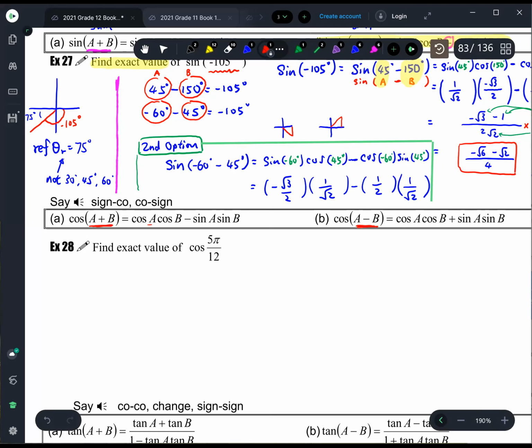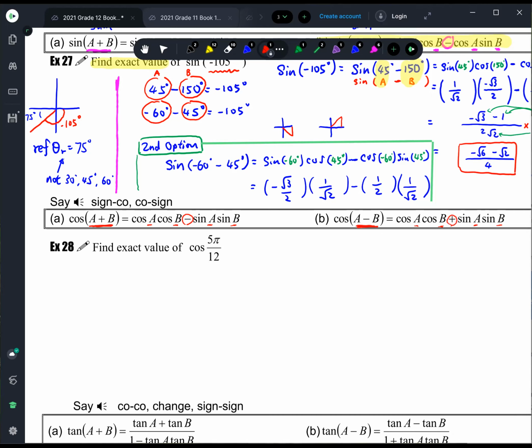It will have cosine, cosine, A B, but then the sign in the middle is changed. If it's a sum, you use subtraction in the middle. Then sine, sine. For cosine of a difference, it'll be cosine, cosine, change to adding, sine, sine.